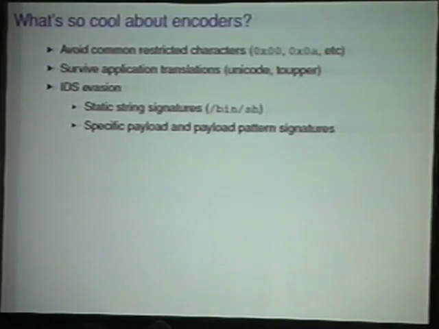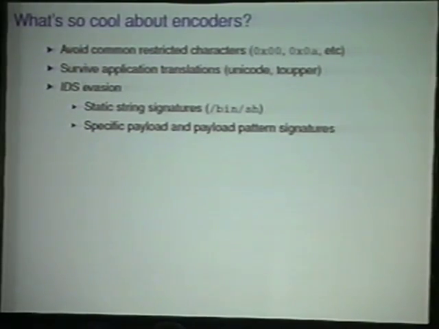But then, as a cool side effect, you avoid a lot of IDS stuff. For example, if we have a normal payload, we might have /bin/sh somewhere in there, because we're going to execute /bin/sh. That string would be somewhere along our assembly code, because it's just data to our code.